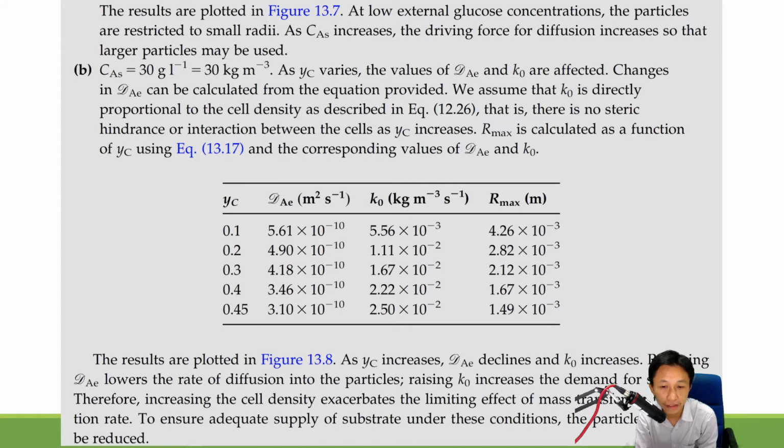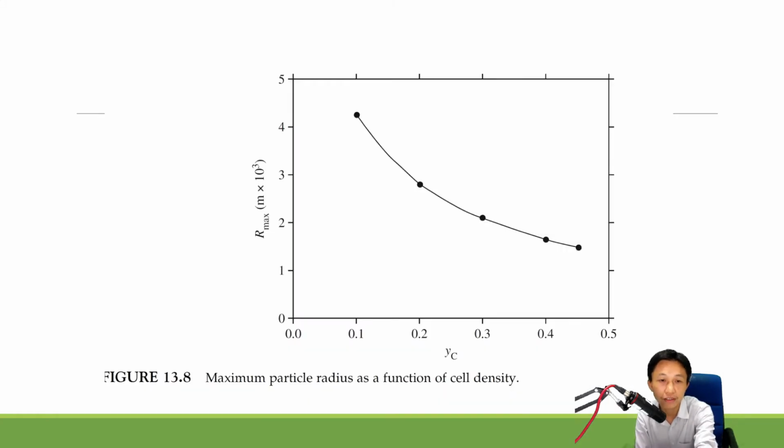And then we plot this one, Rmax as a function of this, and it is reduced. If you increase your cell concentration, your Rmax will decrease.